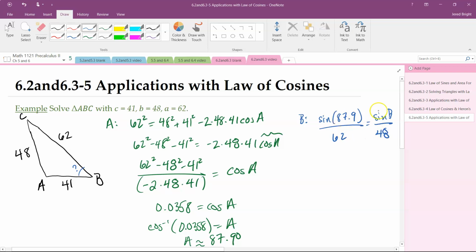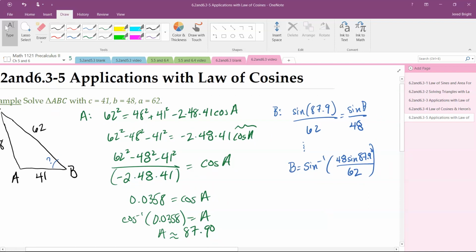Okay, there are a few steps that you have to do algebraically, but what you're going to end up with is that B is going to be equal to the inverse sine of 48 sine 87.9 degrees all over 62. Okay, and we can put that in our calculator. And when we put it in our calculator, we get approximately 50.67 degrees.